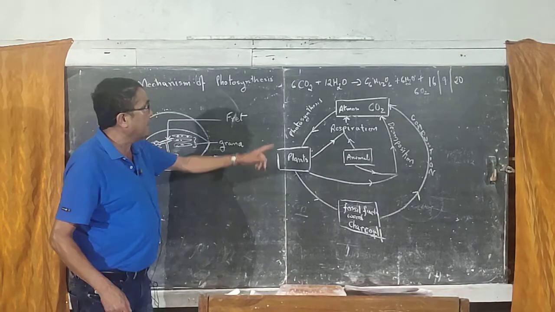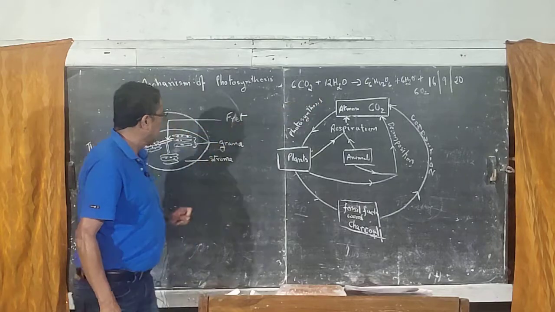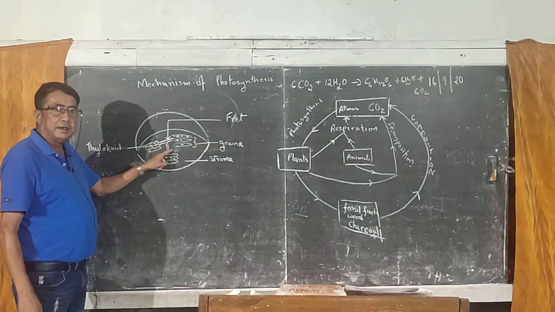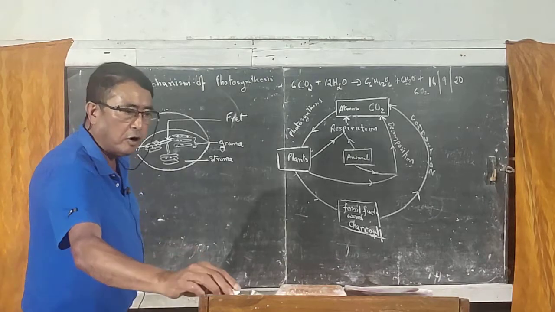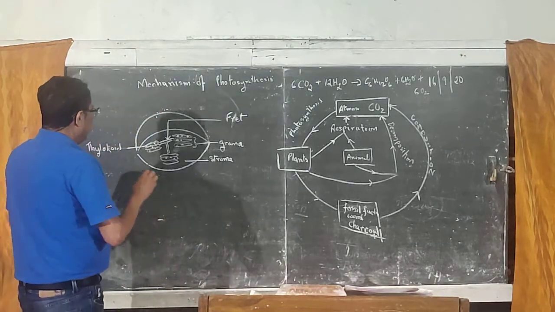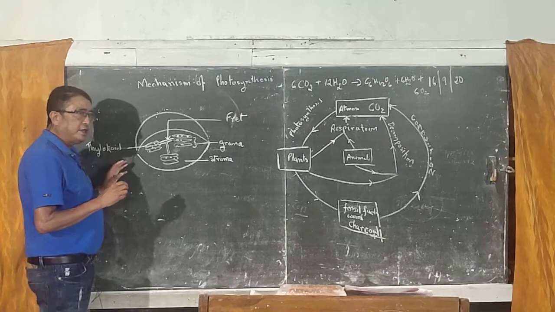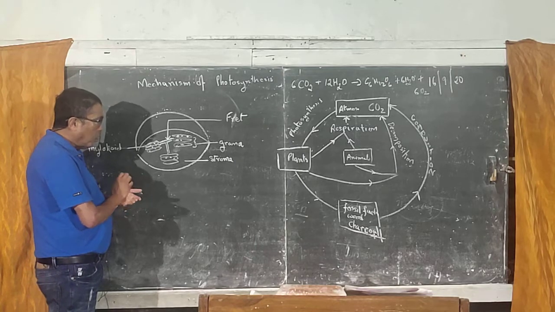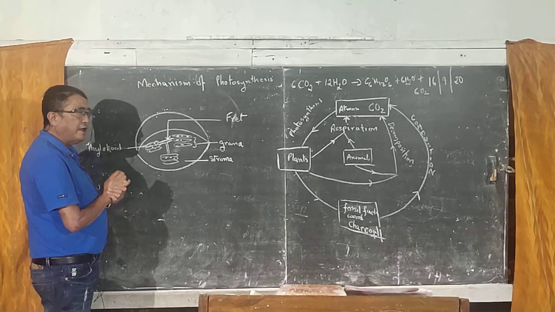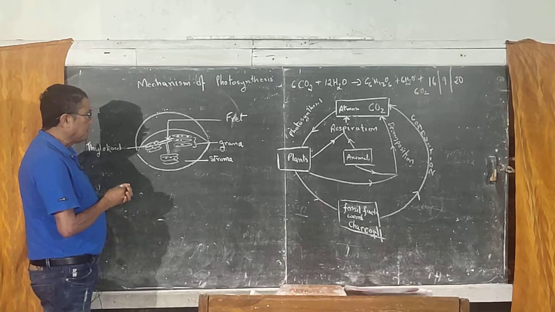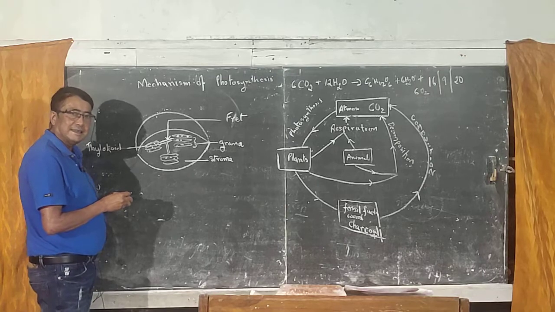the water that has been absorbed by the root and has reached the cell is split into hydrogen ion and hydroxyl ion. This process of splitting of a water molecule into hydrogen ion and hydroxyl ion is called photolysis.